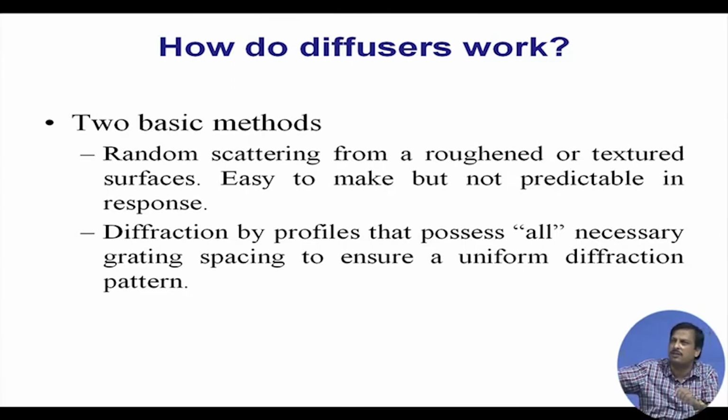If a surface is very rough, then there will be random reflection. It is easy to make. Instead of polishing the wall of the auditorium, I can make a rough surface, but it is not predictable in response. I cannot predict the response.